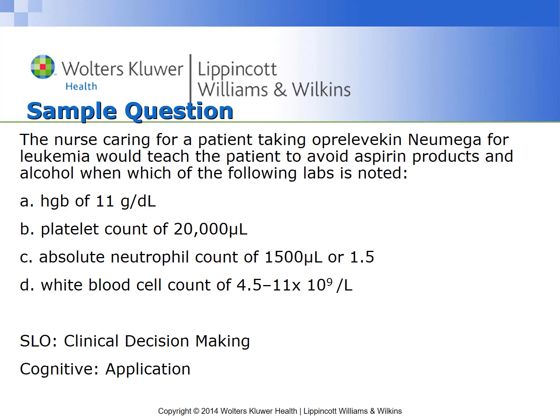No. D, WBC count of 4.5 to 11. Does it have anything to do with platelets? No. So our correct answer is the platelet count, 20,000. That's really low for a patient. So we want to avoid aspirin because that can make us bleed even more.